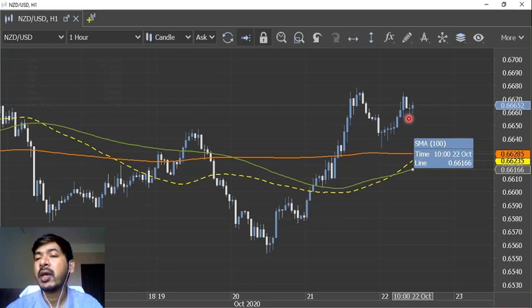Even now there is nothing wrong in going for the buy trade, but if you go for the buy trade straight away, that is going to increase the risk, as we will have to keep the stop loss anywhere closer to this immediate swing low, which is there around 0.6580.